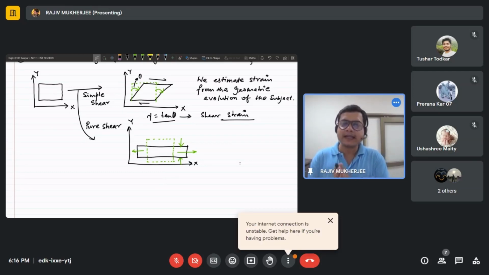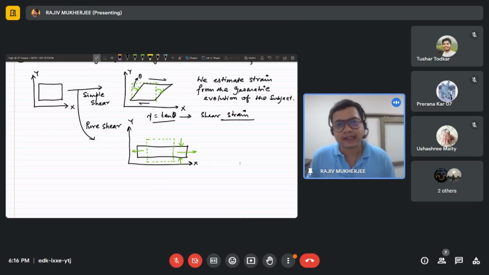So any object familiar to us which has a very specific geometry in the undeformed state, we can use that kind of object as the reference, and from that we can estimate how much straining has been undergone by this object, and eventually we can have an estimation of the amount of strain. So in that case, these strain markers come very handy.